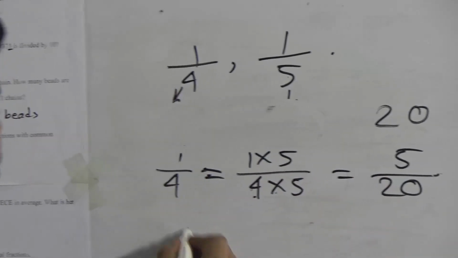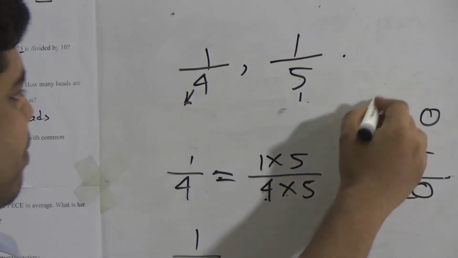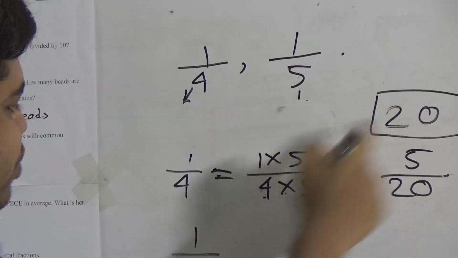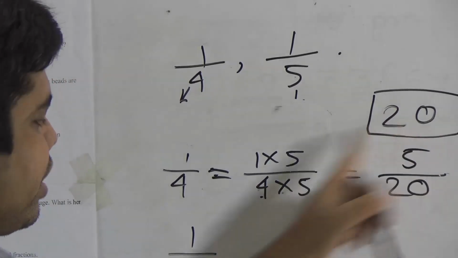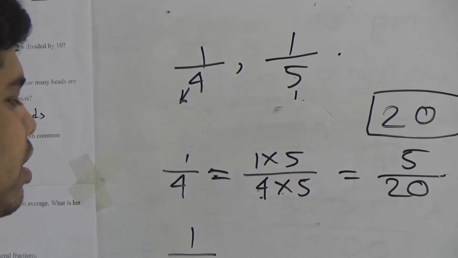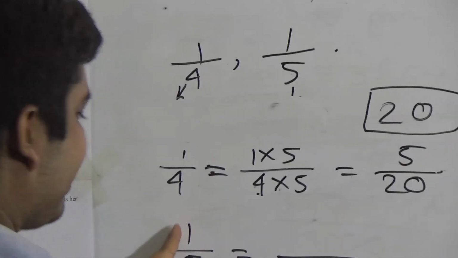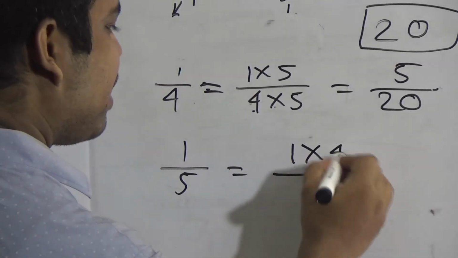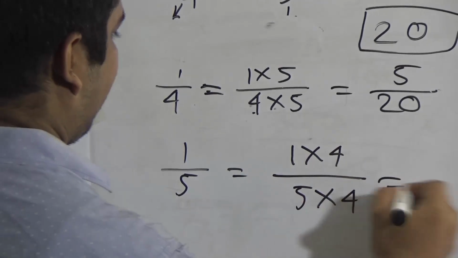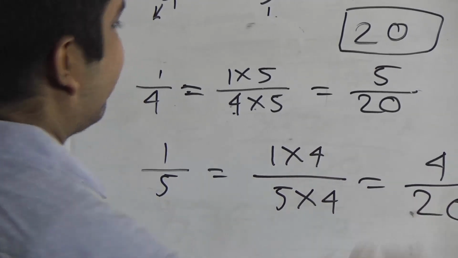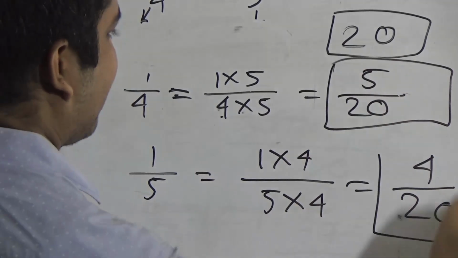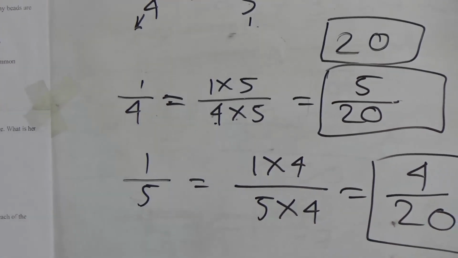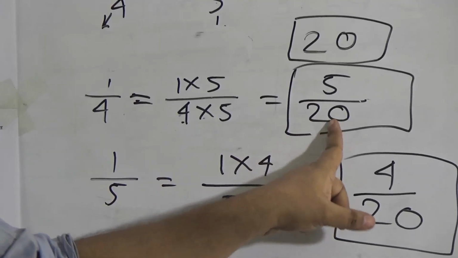Dear student, next one, 1 by 5. We divide this LCM, that means 20, by the denominator of the second fraction, which is 5. If we divide 20 by 5, then we get 4. Now we multiply this 4 with numerator and denominator, that means 1 multiply 4 and 5 multiply 4. That means 4 ones are 4 and 5 fours are 20. So students notice these two are fractions with common denominator, whose denominator is 20.